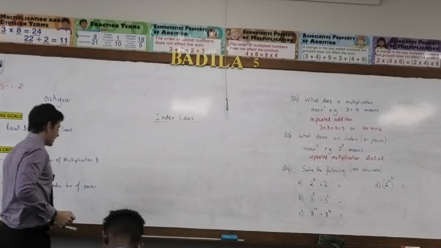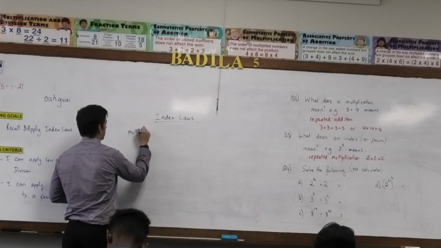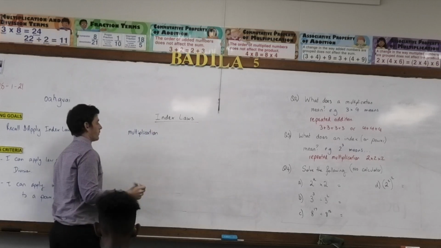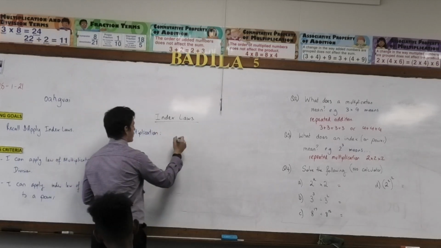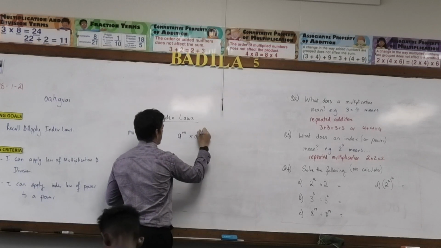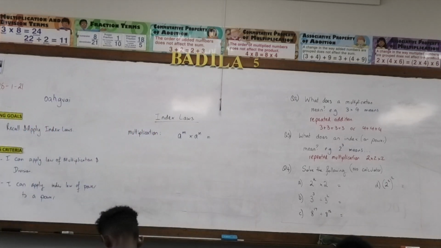And my first index law is multiplication. And that's where I'm going to have a to the power of m times a to the power of n. Who knows how to do that?